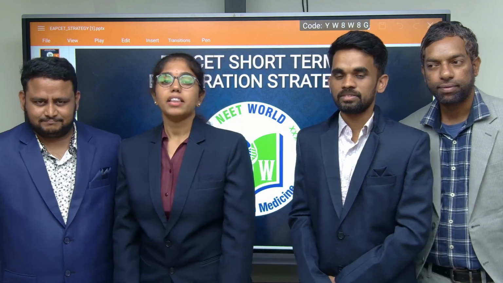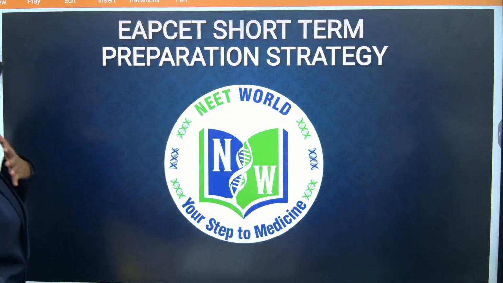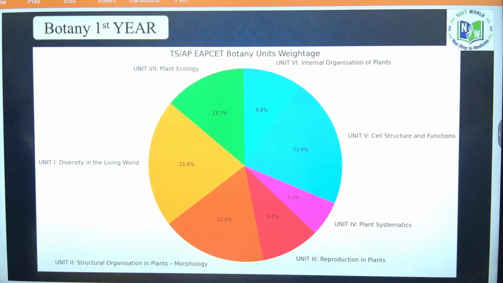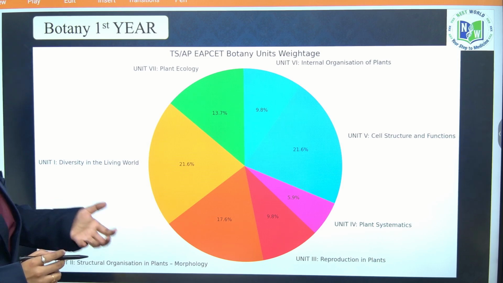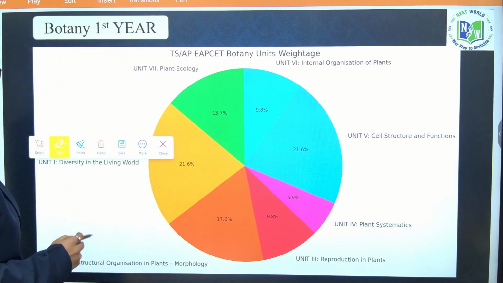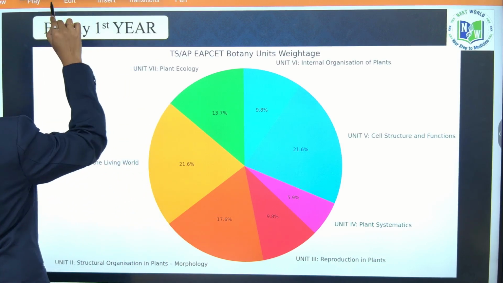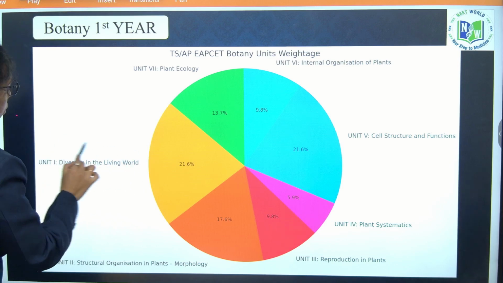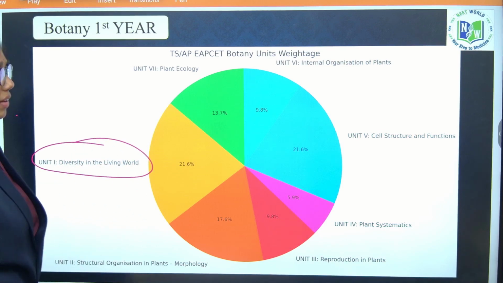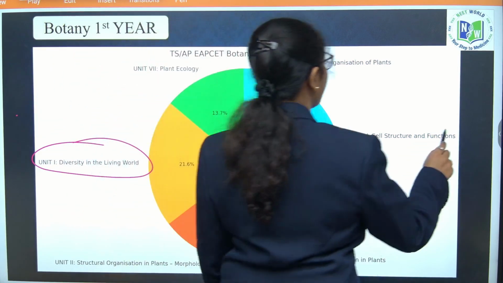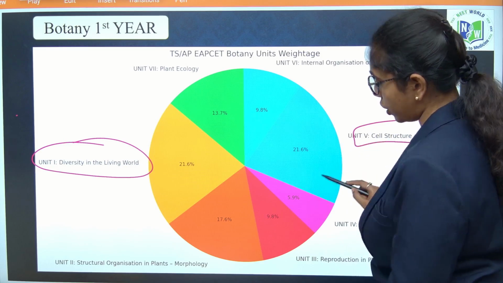Now if we look into the first subject, that is botany, it is dealt by me. If you look into first year botany, the major units you have to focus on are first diversity in living world, then cell structure and functions.